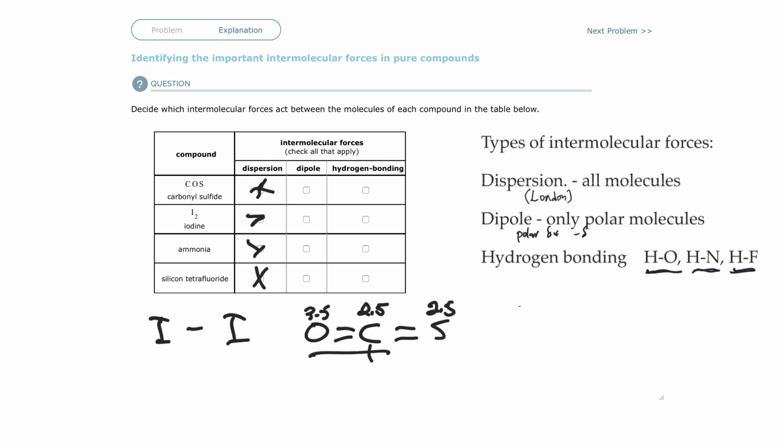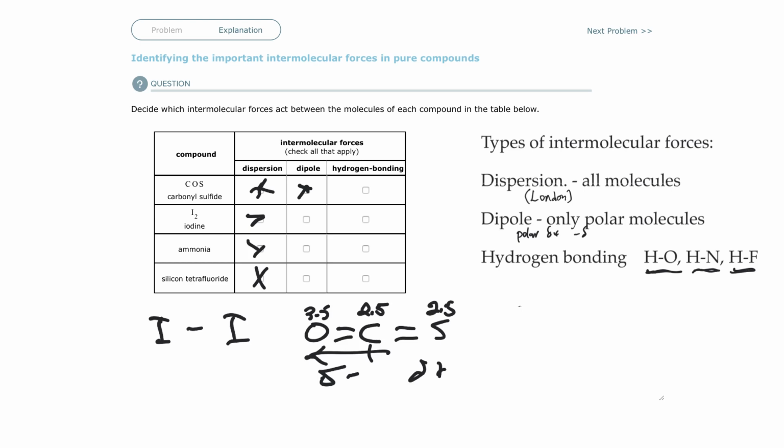And so you're going to have something like that, which means this side of the molecule is delta negative, and this other part of the molecule would be delta positive. That means that that is a dipole. Okay, so we're going to have a dipole there. What about hydrogen bonding? It's got an electronegative oxygen, but it doesn't have a hydrogen. So it can't have hydrogen bonding without hydrogen. So there's no hydrogen bonding there.